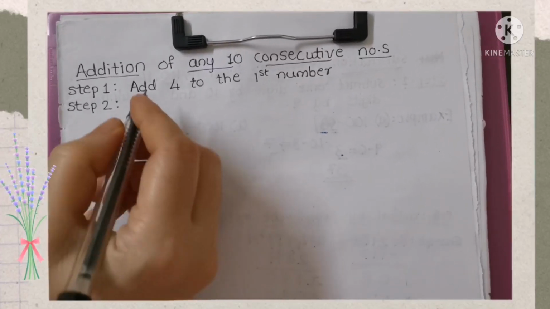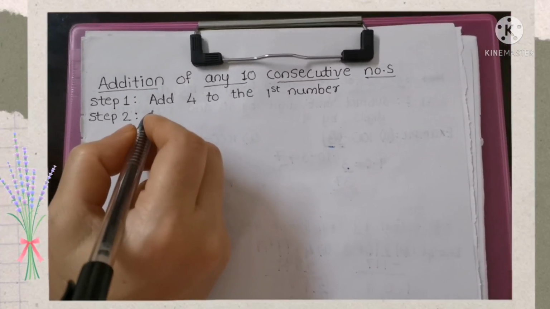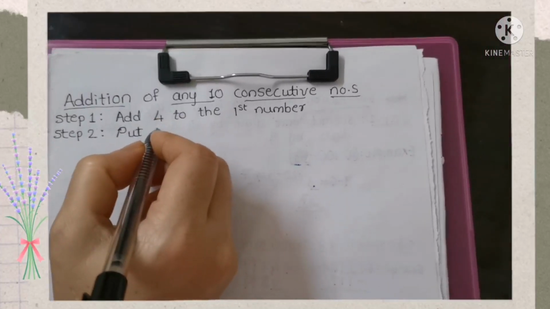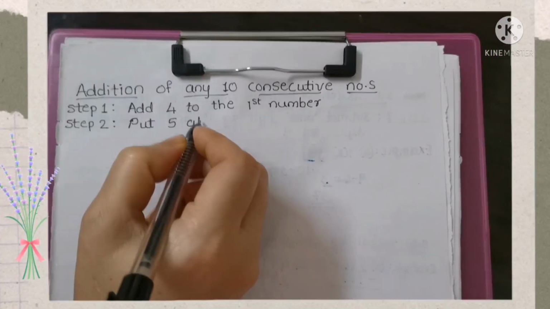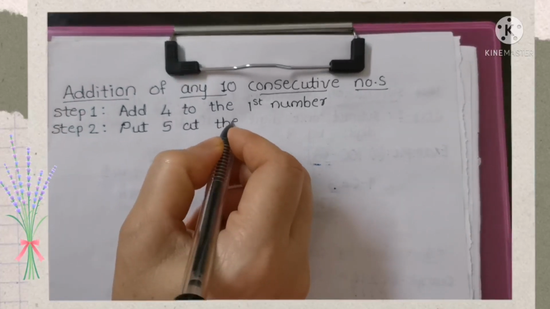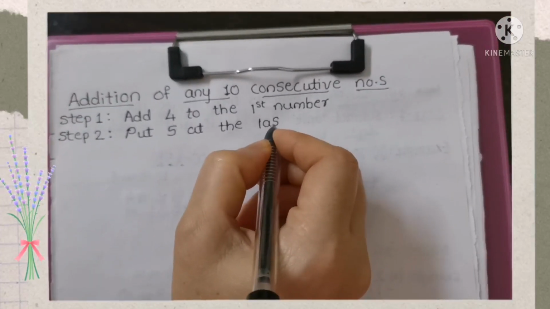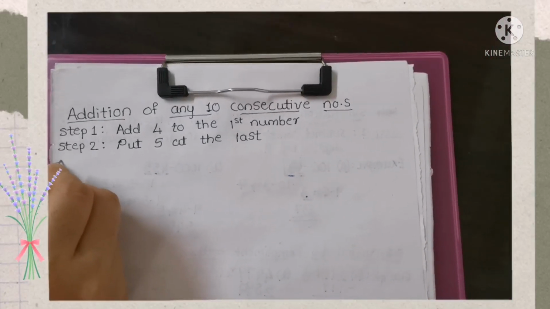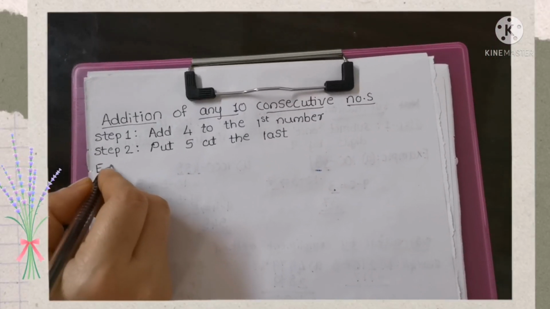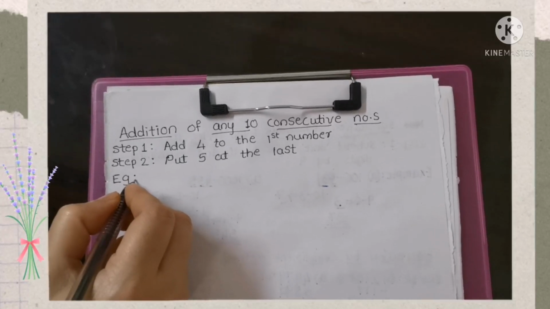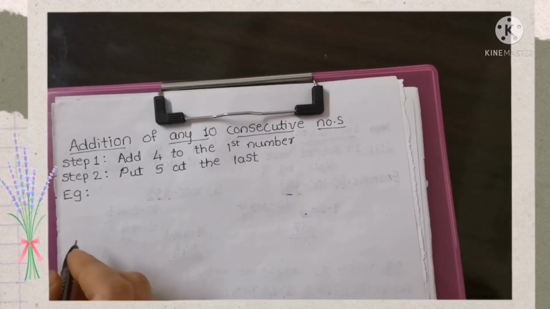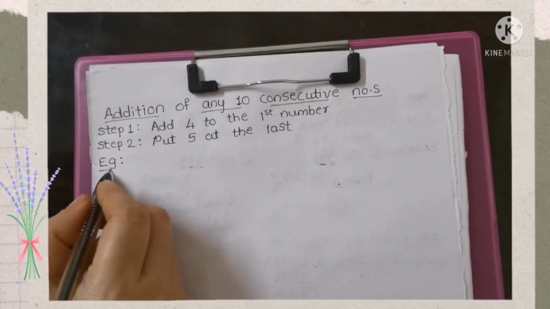In the second step, we have to put a 5 at the last. So our answer from the first step is 15, and in the second step we add 5 at the end, so 155 is our answer.